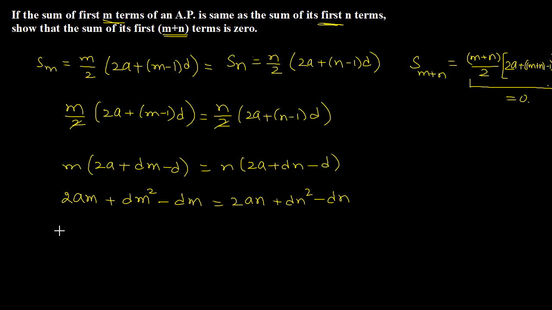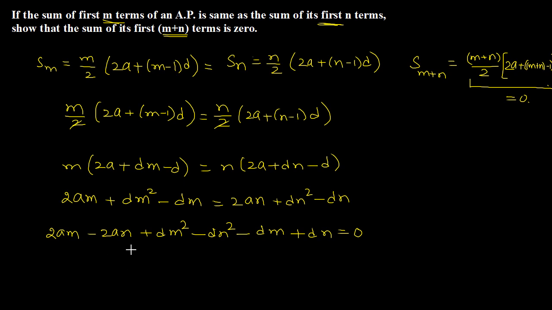So 2am minus 2an, plus dm square minus dn square, minus dm plus dn. Let's check whether we wrote it right. That gets transposed, minus becomes plus, plus becomes minus: minus dm, minus dn. Okay, that's correct.